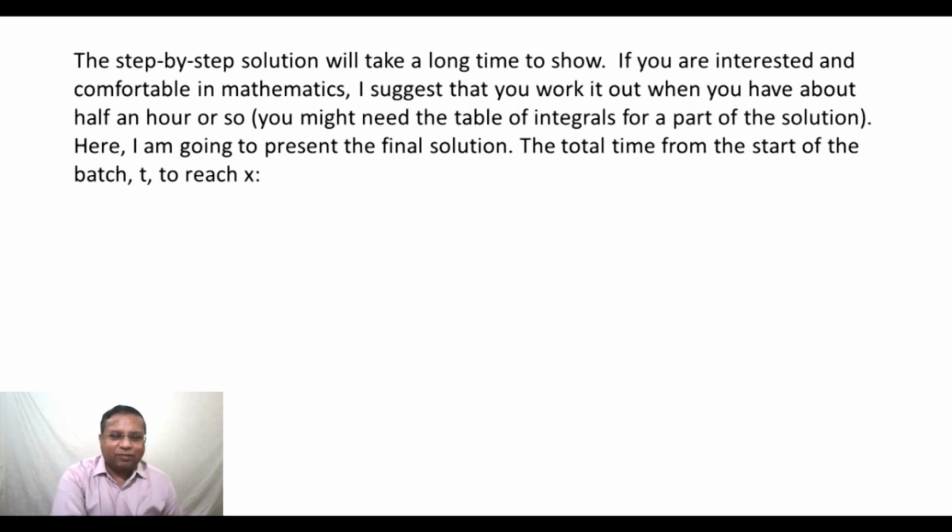Here, I'm just going to present the final solution. You need to take it at face value. If you are doubtful, you go ahead and solve it and convince yourself that it is indeed the solution.